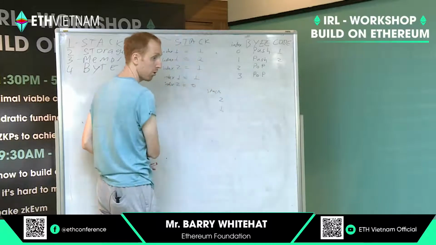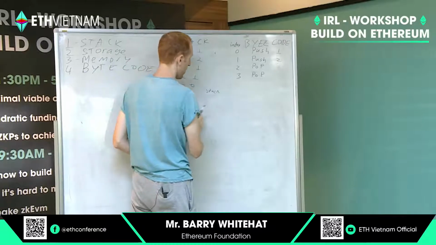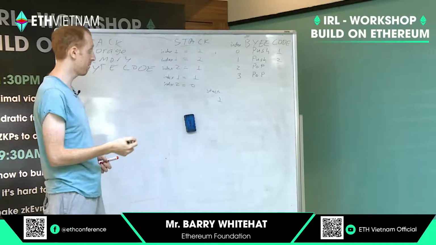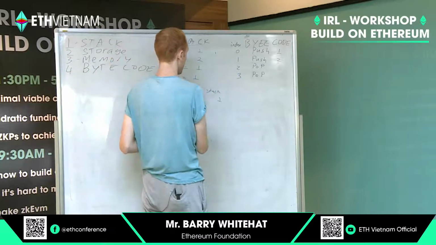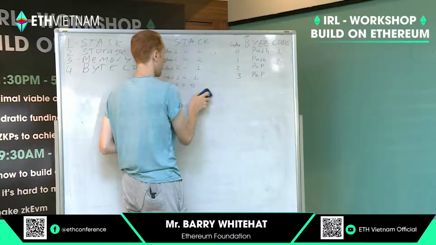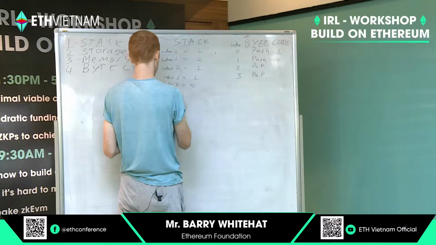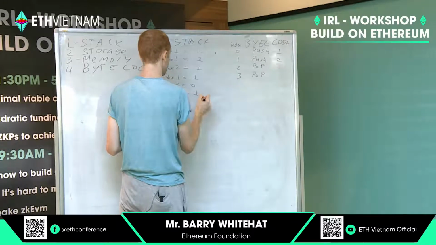So we do a pop, which basically means we take 2 out, and then we have to move 1 up to index 1, and that's the next step of the stack. Cool, and then we do another pop, which basically means we remove 1 from here. So how does that look in our transcript? Well, then we just basically say that index 1 equals 1.